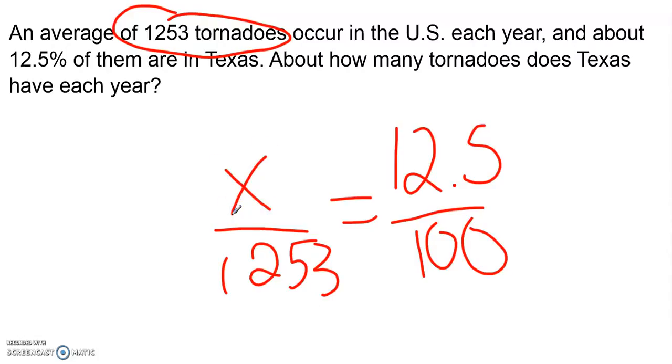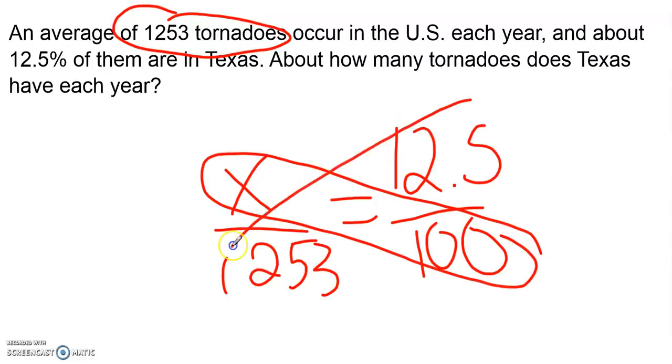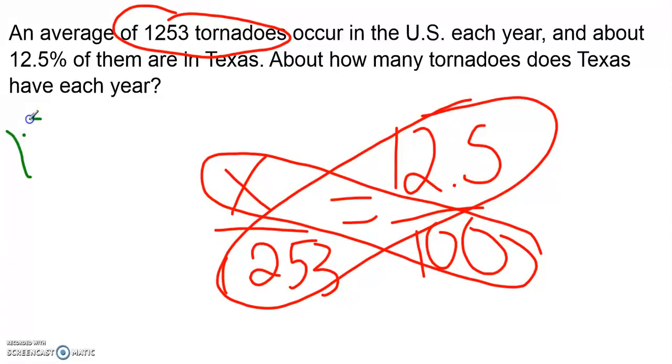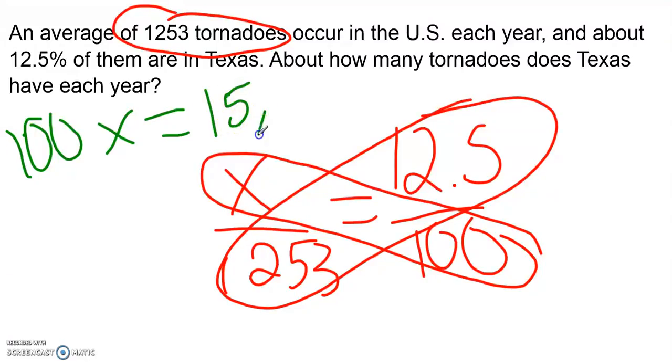Alright, so if we do our thing, I'm going to change colors just because I keep forgetting to change colors, my bad. So 100x equals 12.5 times 1,253, which is going to be 15,662.5. Okay, I definitely used a calculator to do that, but I'm sure you guys could just multiply.